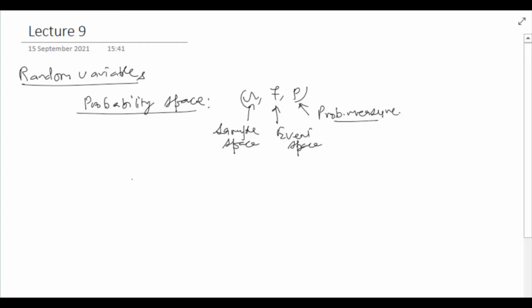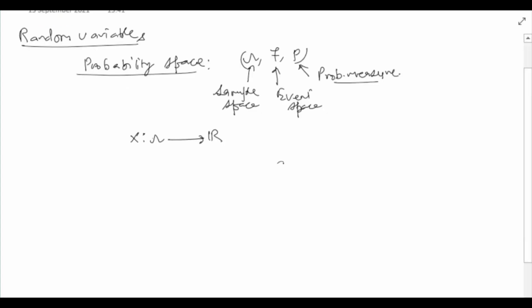Let us consider functions from the sample space to real numbers. On one side we have the space of sample points, on the other side we have the space of real numbers, and X is a mapping from Omega to R. Let us fix a point small x on R and look at all the sample points in Omega that are mapped to the segment minus infinity to x.